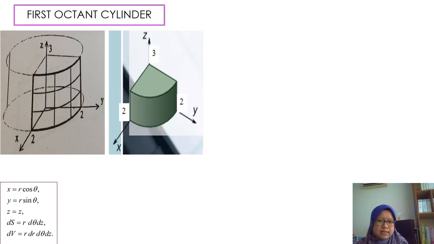Next is the first octant cylinder. First octant, the term octant, in two dimension. How is it? It's here, right? This is the first octant. So if you view this cylinder from the z-axis, you can just see the cylinder is here. Am I right?